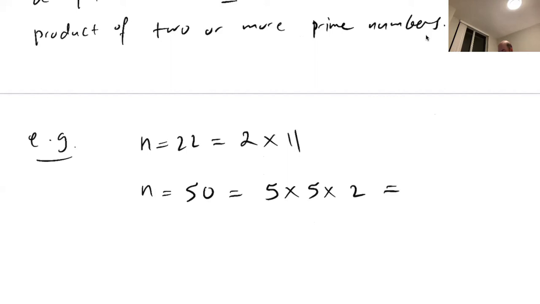Which can also be written as 5 to the power 2 times 2. So any number can be written as a product of 2 or more prime numbers. This is called the fundamental theorem of arithmetic.